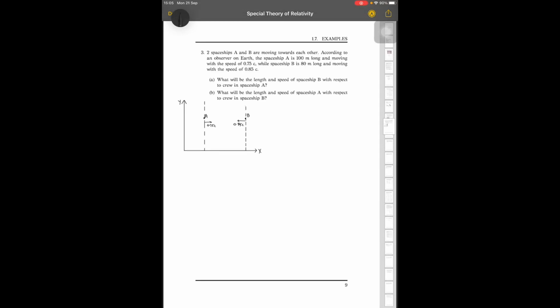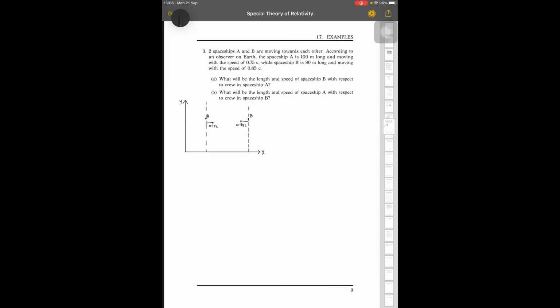Here first we need to find out the velocity of A with respect to B and velocity of B with respect to A. We do that by velocity addition formula. Then we can find the apparent length by length contraction formula.